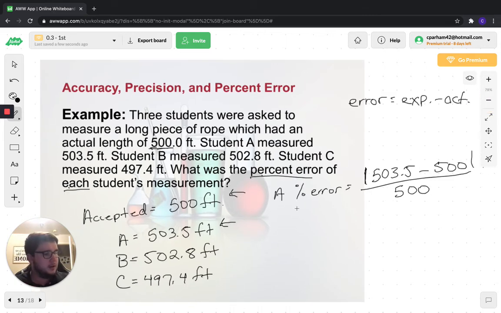Okay, all right, so once I do that, if I evaluate the top, I'm going to get 3.5 and divide by 500. And then don't forget the times 100 also is part of your formula. So times 100. And I don't know what that is off the top of my head, but let me get my calculator.